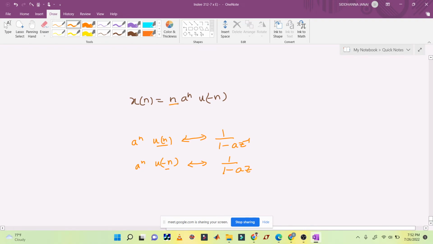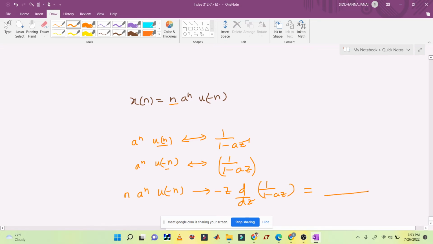Now we are left with multiplication of ramp. So n into a to the power n u of minus n is nothing but minus z d by dz of this answer, 1 divided by 1 minus az.